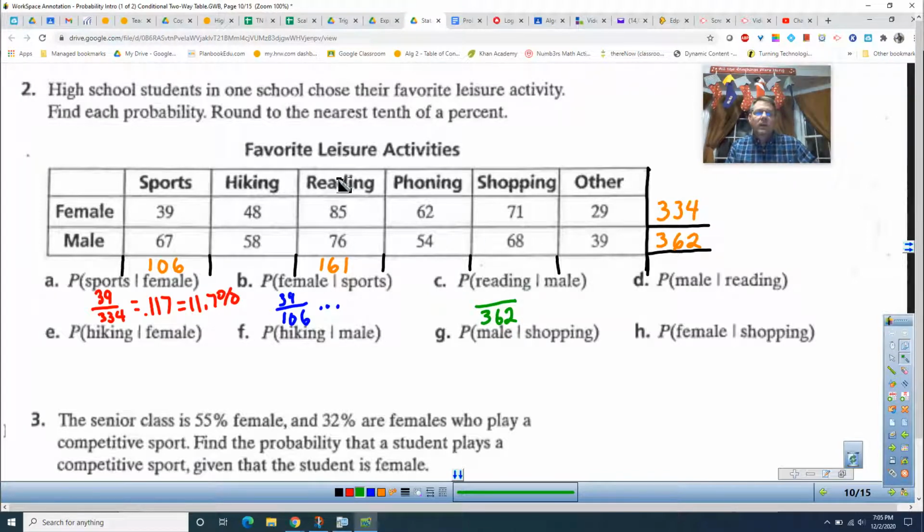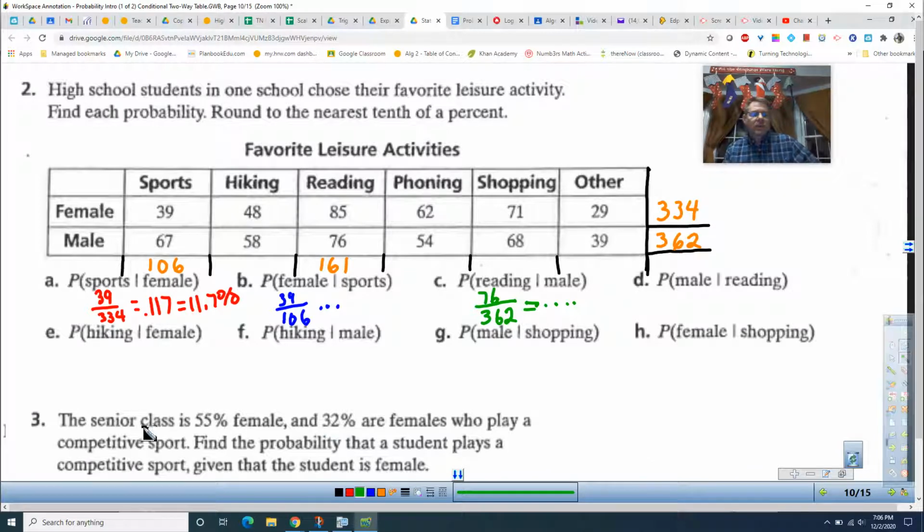And reading: how many guys enjoy reading out of this group? 76. Okay. And again, you would finish that out as well. All right. So that gives you a lot of practice working with that given that, and you can see how it changes depending on which one comes first. So that's important to get that straight.